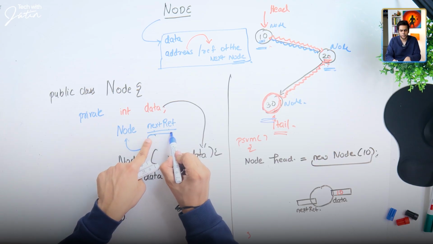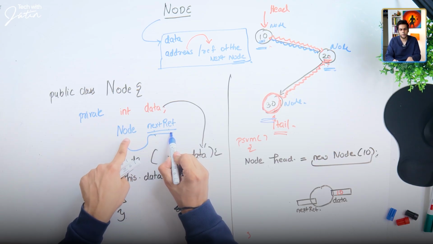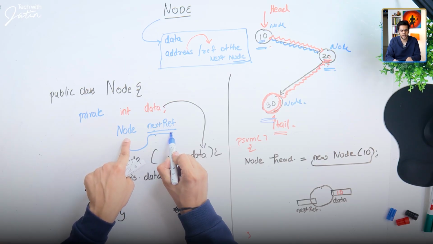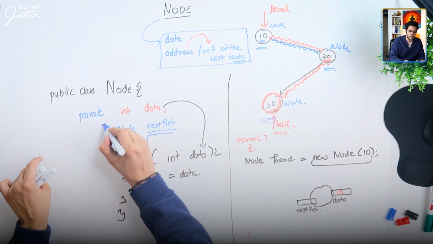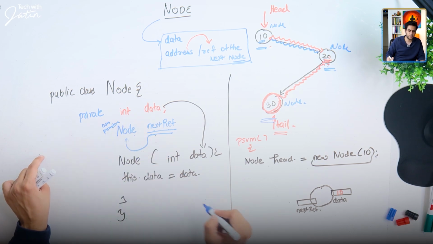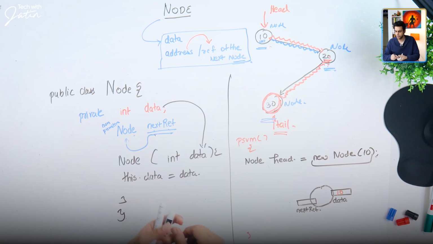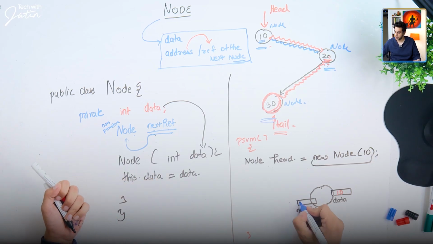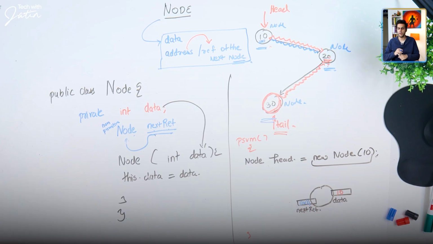Next reference. Is it a primitive data type or a non-primitive data type? Node over here is a non-primitive data type. What is the default value of a non-primitive data type? Null. So over here, null will be stored. Let me just write over here, null. All right.